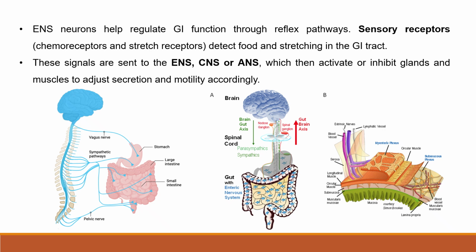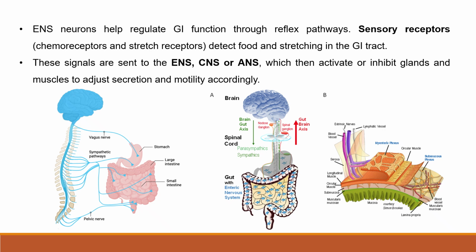The signals are transmitted to the ENS, the central nervous system and the autonomic nervous system, which then coordinate responses by activating or inhibiting glands and smooth muscles. This regulation helps control secretion and motility according to the body's needs.